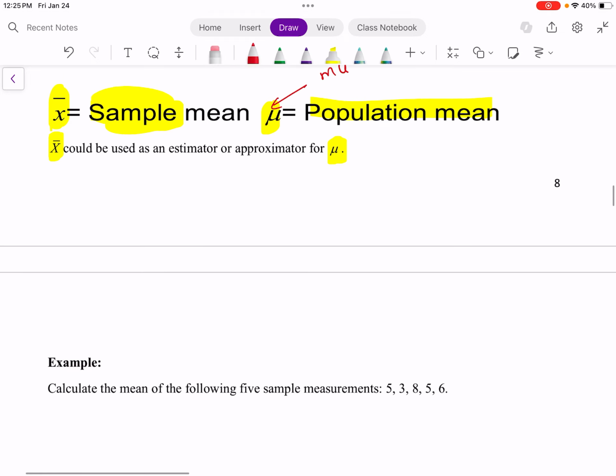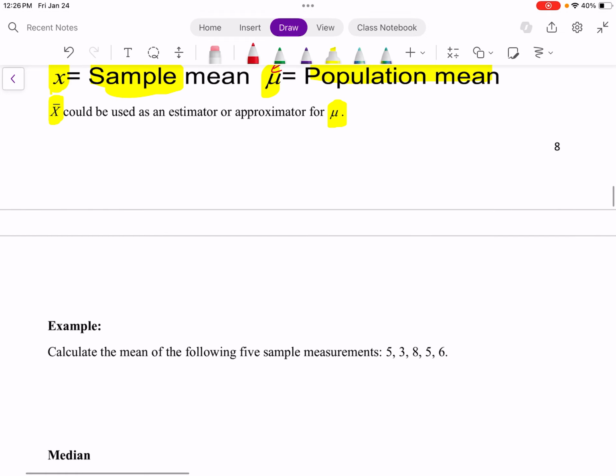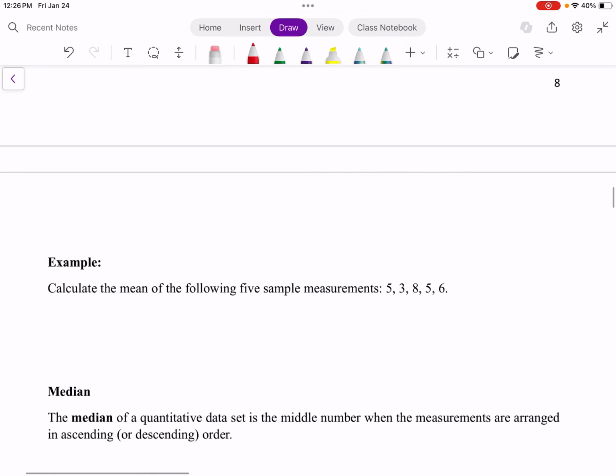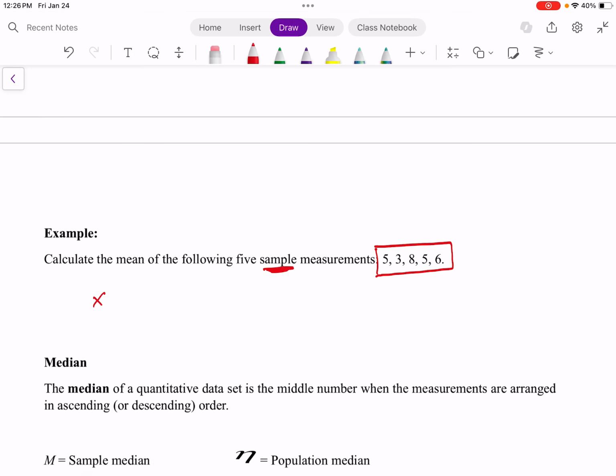Now we have this example. Let's find the mean. What will be the correct notation? We have to find the mean of these measurements, and it tells us sample measurement, right? So we will be using x bar, not mu. So x bar is equal to, how do we find the mean? We add each measurement: 5 plus 3 plus 8 plus 5 plus 6, and divide by the total number of measurements.